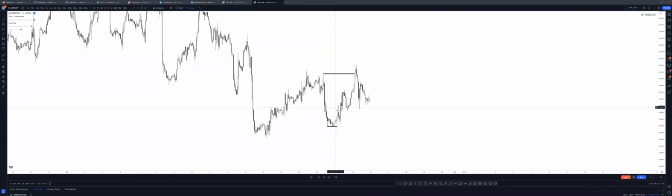So where is the low? You can see this one, this low here, the very obvious low. You can see this low here.